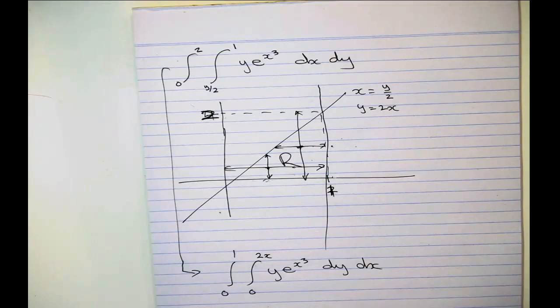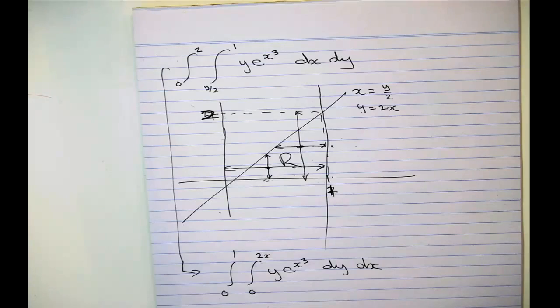But at least the second way, I can get started. I can integrate that with respect to y, and what I hope is I get something I can then integrate with respect to x. Notice it's not immediately obvious. Some of you might spot it though. What's going to happen? You're basically going to end up with an x squared e to the x cubed.